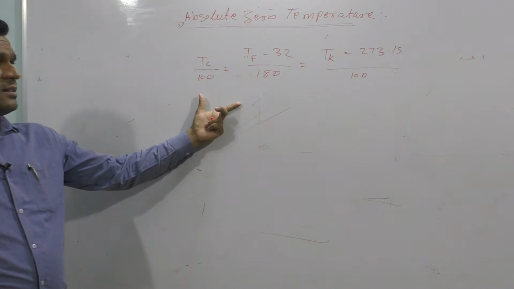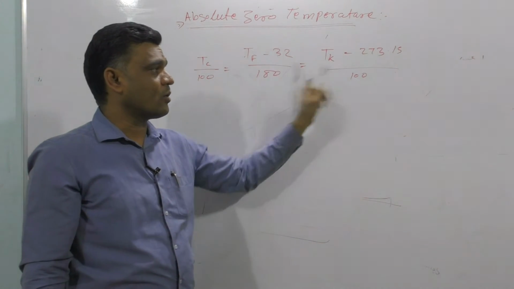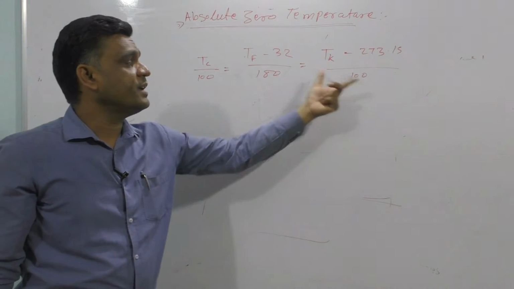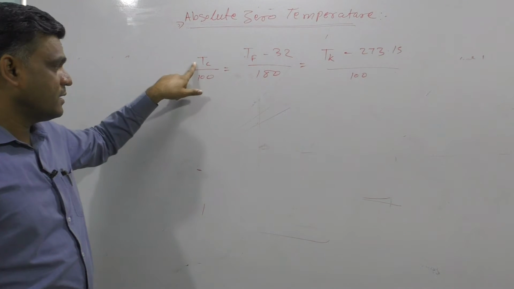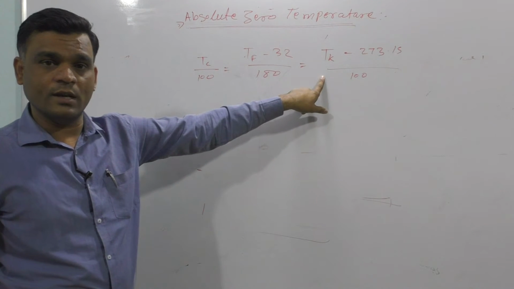That relation indicates the equivalence or equality between the three different scales: Celsius scale, Fahrenheit scale and Kelvin scale.